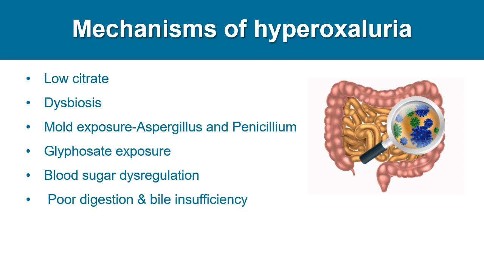And what I have seen is overgrowth of these in the GI MAPs and the stool tests, but also in urine testing as well. So the pH at which these other bacterial species can degrade oxalate is very, very narrow. So outside of that range, they won't break oxalate down.